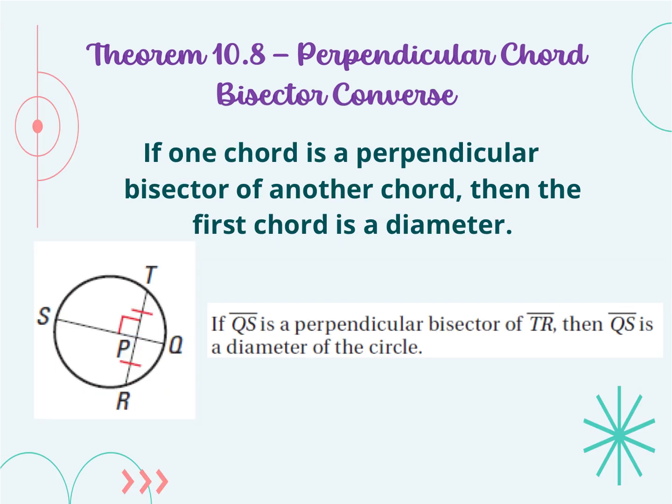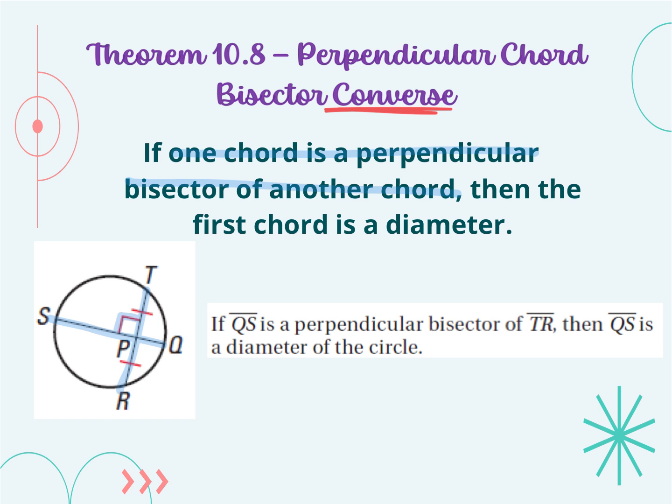All right, looking at the perpendicular chord converse. Looking at the converse. If one chord is a perpendicular bisector to another, remember, your diameter could also be a chord. So if one chord is a perpendicular bisector to another chord, there are my 2 chords, then the first chord is a diameter.